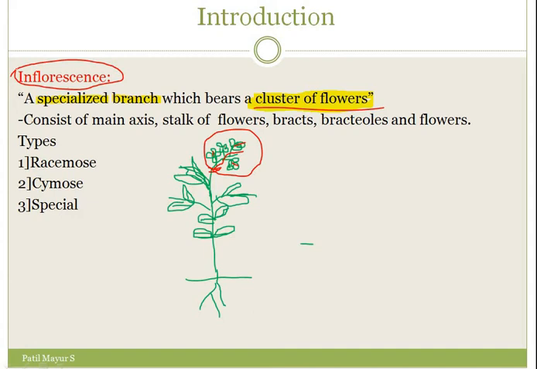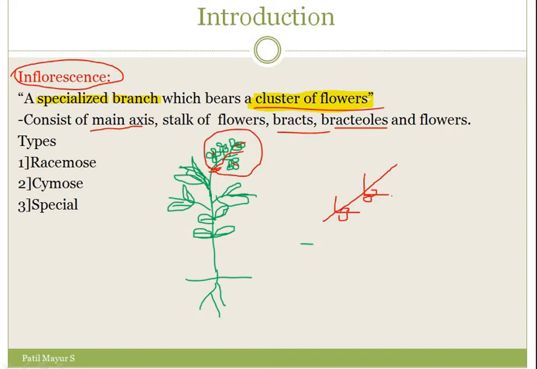So what does it consist of? Inflorescence consists of main axis. I draw here this part. This is the main axis. Then stalk of flower. Then bracts and bracteoles. At the base of that stalk, an outgrowth is present, that is called bract or bracteole.